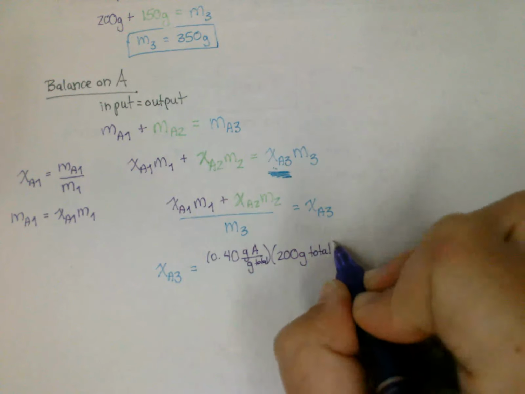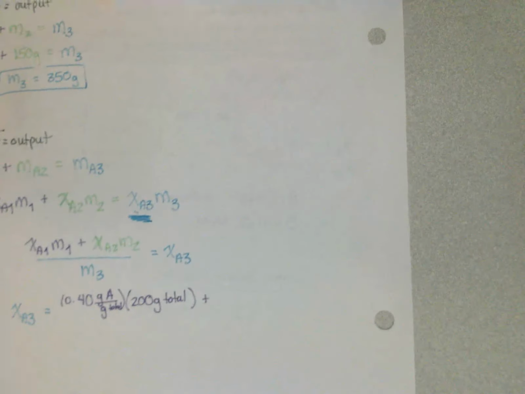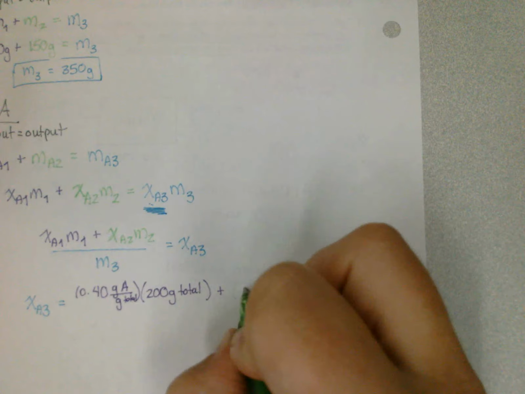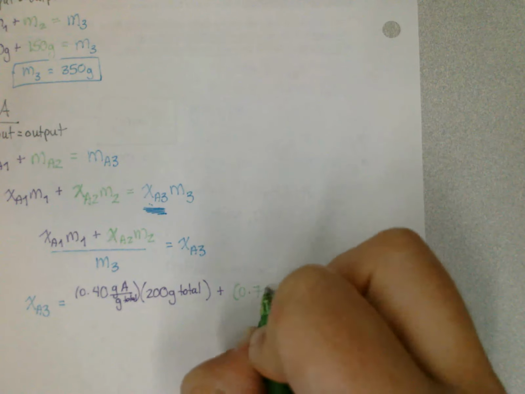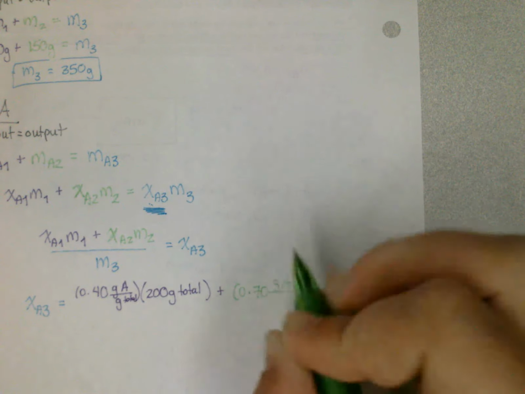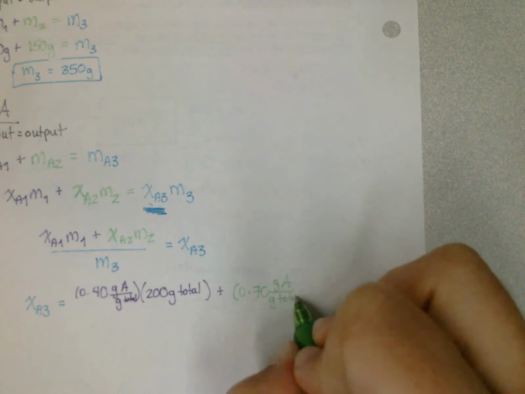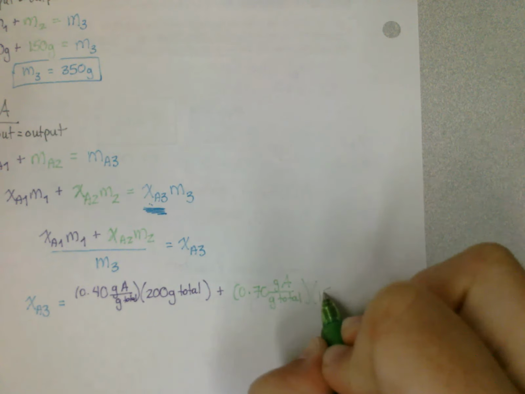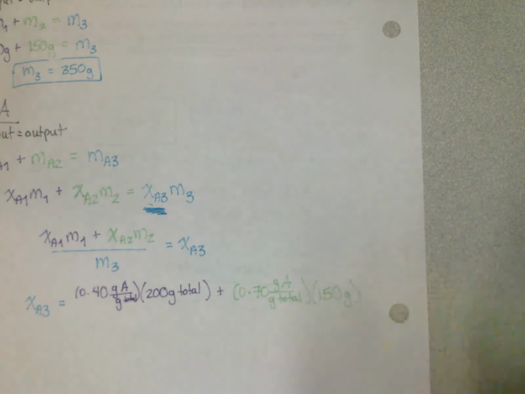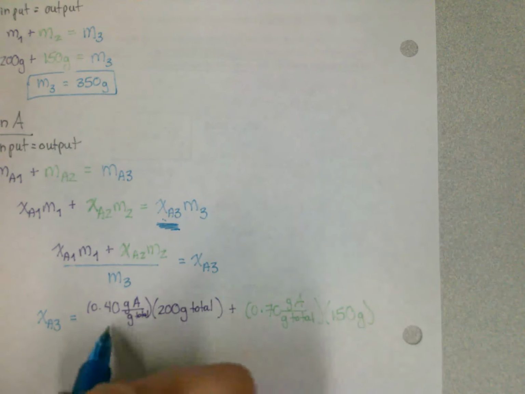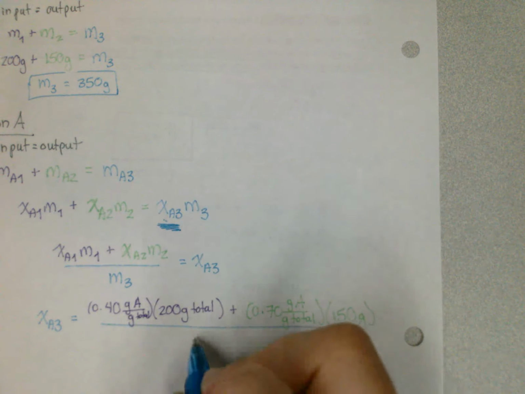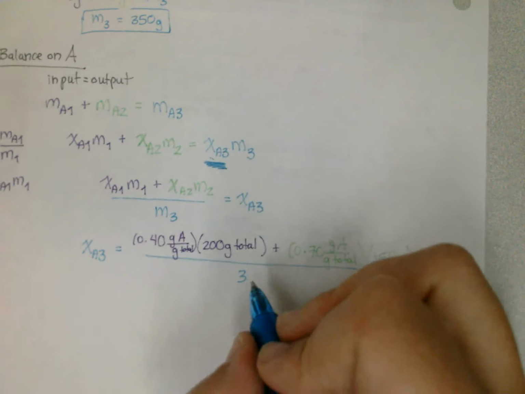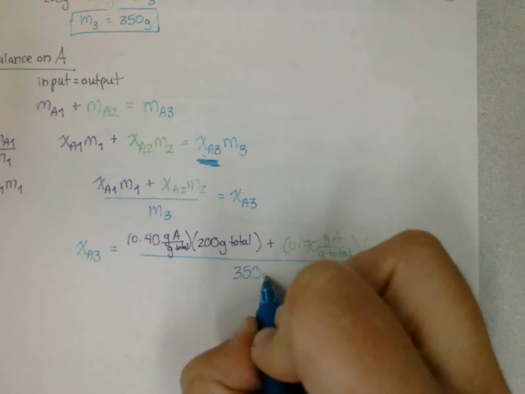I'm running out of space. There we go. Plus the 70% of A in the second stream times the 150 grams, and all of that is going to be divided by the 350 grams we found for M3.